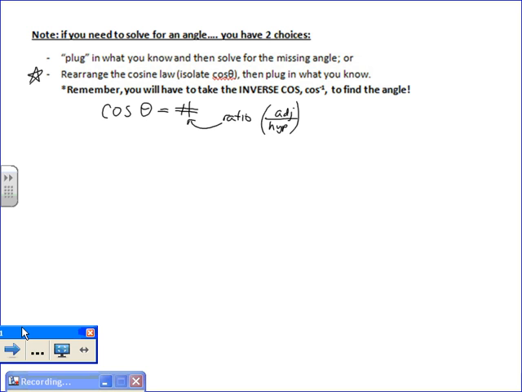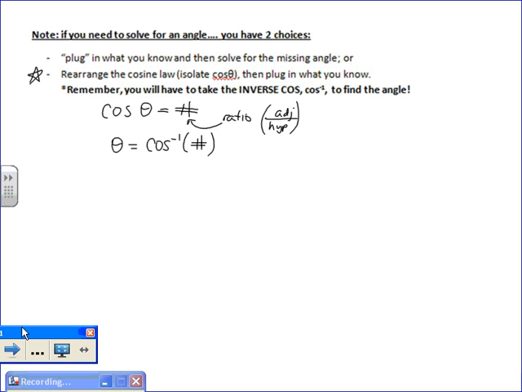And so what you need to do here is to find an angle, you always have to take the inverse cosine of that number, that ratio that you get. Okay, so you're always doing second function cos on your calculators, and that's going to give you an angle in degrees, your answer. So make sure that you remember that. What you're getting is not your angle, and your ratio is usually not more than 1, or it's less than 1 in most cases.